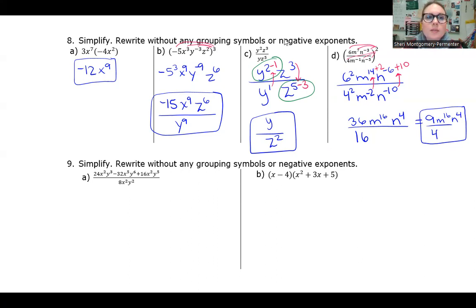We have 2 more problems that we're going to do. This one, it's a division problem. And to do it, I'm going to split it up into 3 different fractions because there's 3 different things on the numerator. We've already done this problem, so this should feel like a review. We have already done this exact type of problem. So I'm going to split it into 3 different fractions.